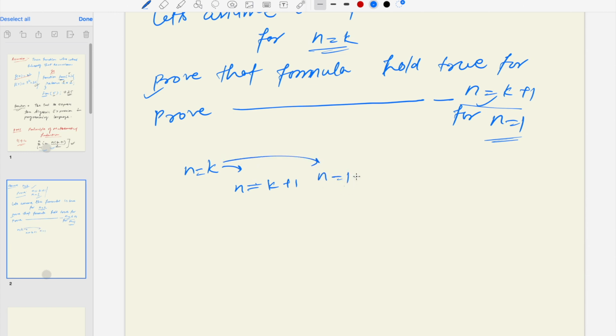Using n equals 1, we prove it for n equals 2, 3, and so on, up to k and k plus 1, which is the same term.